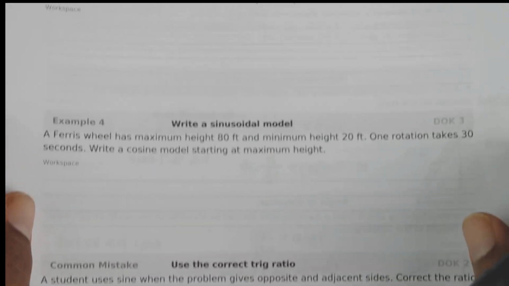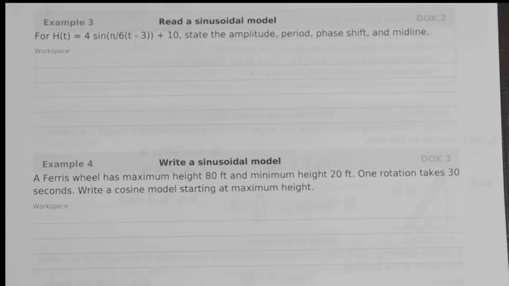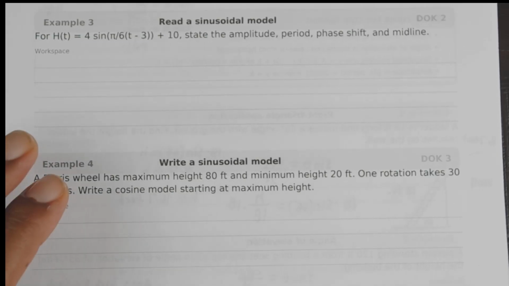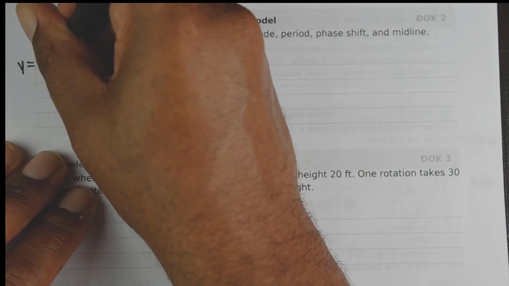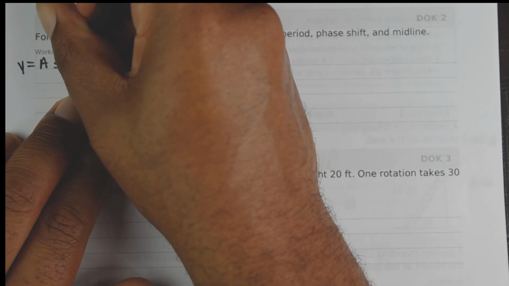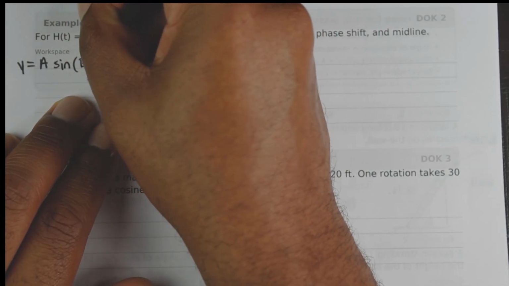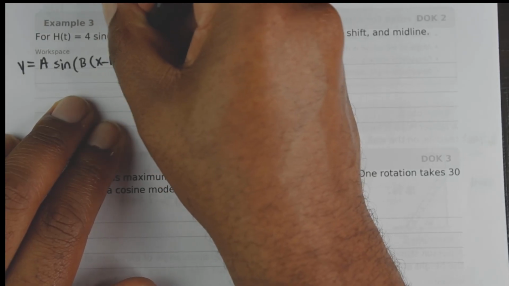Let's continue. Example number 3. For h of t equals 4 times the sine of pi over 6 multiplied by t minus 3, plus 10, state the amplitude, period, phase shift, and midline. So this is a sinusoidal model. Compare it with the form y equals a sine of b times x minus c, plus k.